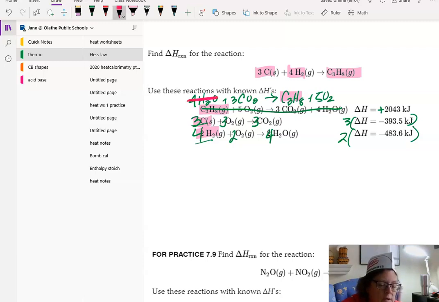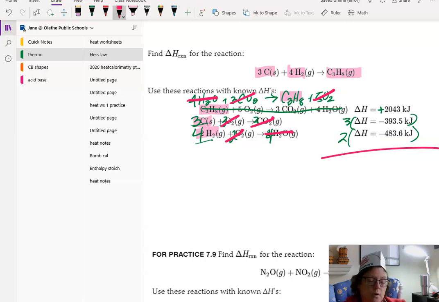But let's go through the process. 4 waters. On each side, they cancel themselves out. 3 carbon dioxides, 3 carbon dioxides. On both sides, they cancel each other out. 3 plus 2 is 5 oxygens, they cancel out. Now we just add these guys up.